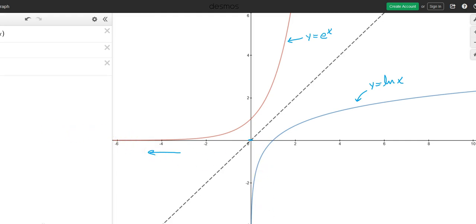You see, this portion of the graph right here is merely a reflection of the graph of the natural logarithm right here across the x-axis. Also, as x goes to positive infinity, the exponential function e to the x is going to positive infinity as well. So from this portion of the graph, it's easy to see that.